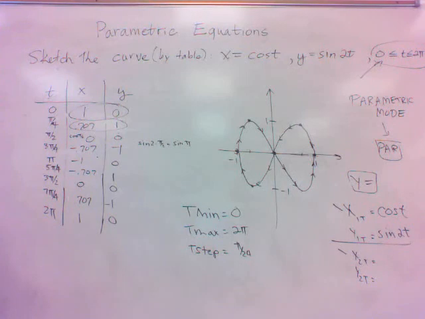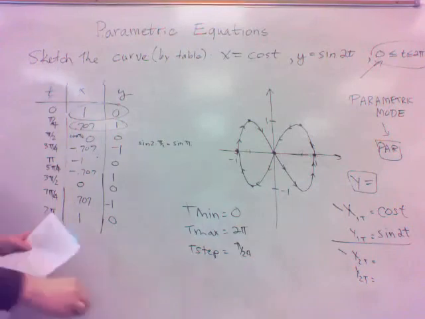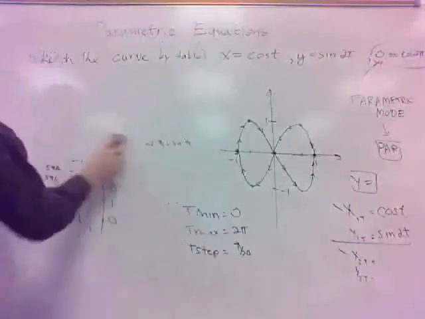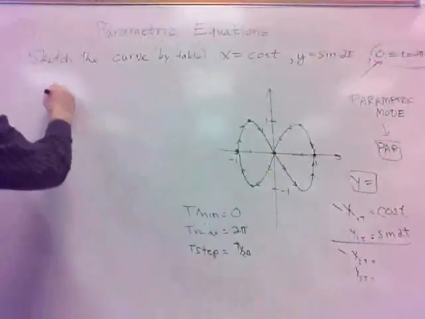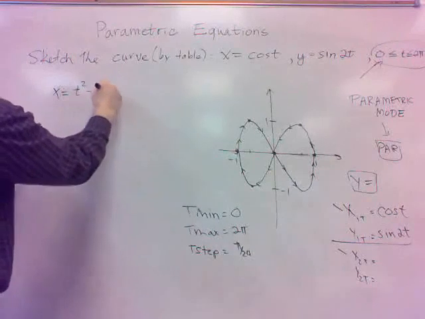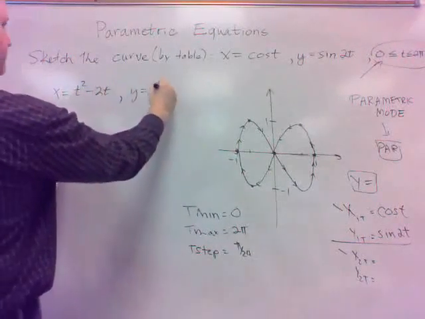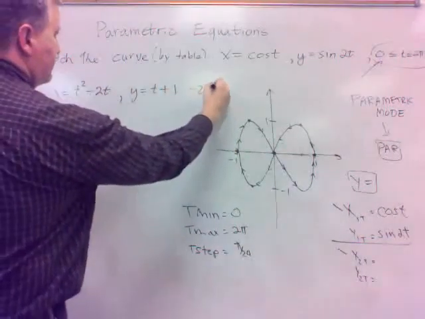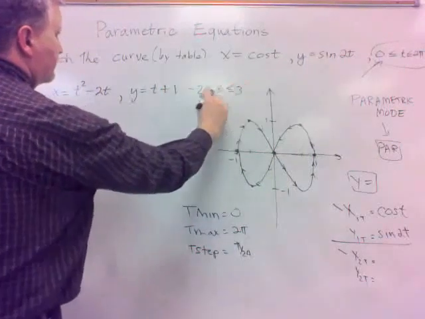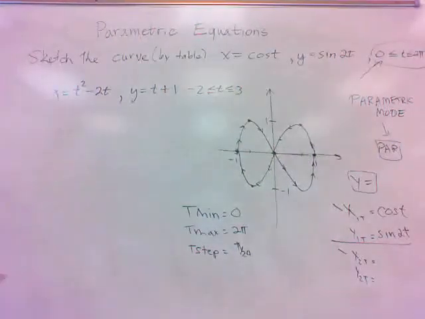Matter of fact, let's check the other one. The first one was x equals t squared minus 2t, y equals t plus 1. We went from negative 2 to 3. See if this is what we get. See if we got a match there. t squared minus 2t, t plus 1.